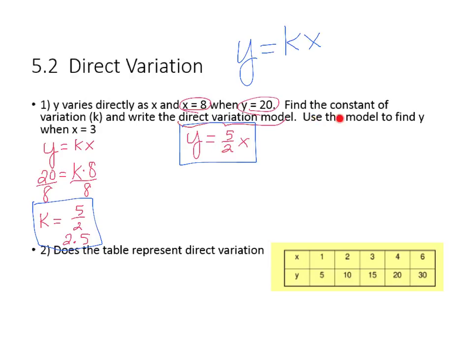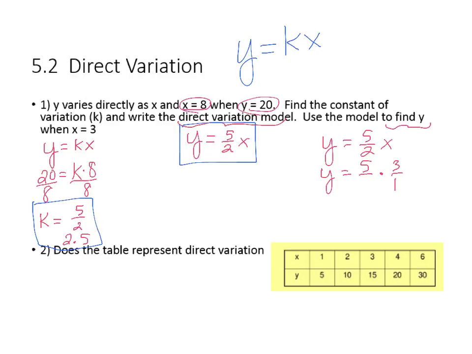The third one is use the model to find y when x is 3. Okay, so if I'm going to find y, here we go. Y equals 5/2 x, but they told me x was 3. I'm going to plug that in for x. I'm going to write it as over 1 since the, oops, sorry, got ahead of myself there.